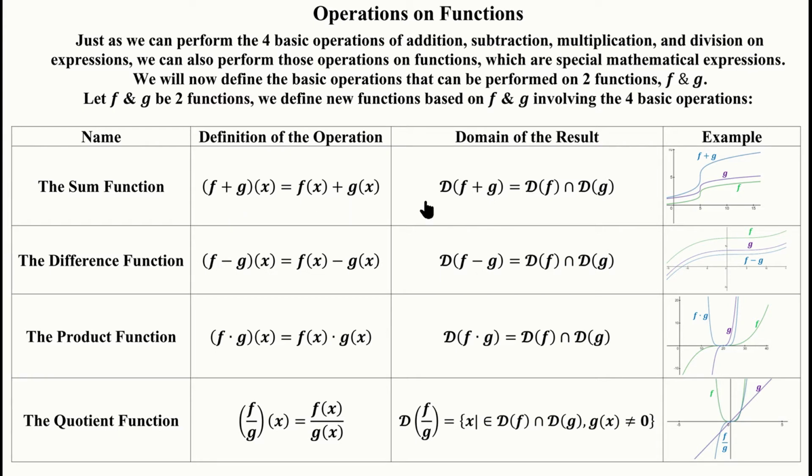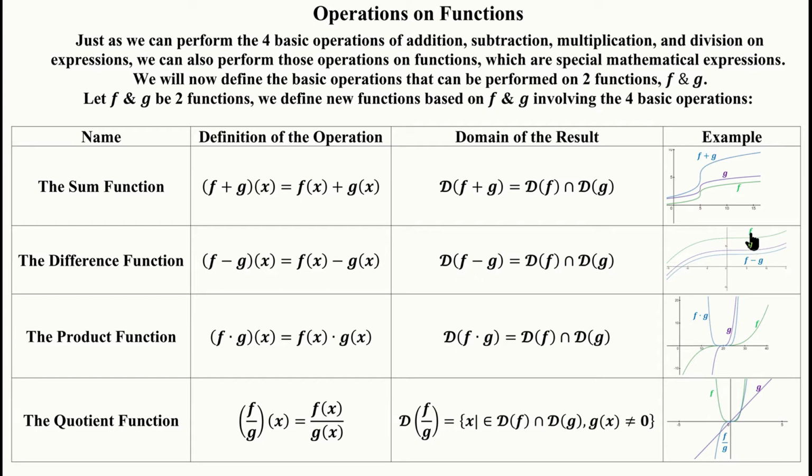As far as the domain of the sum function or any of these other functions is concerned, we basically need to just take the intersection of the 2 domains. So basically, the output of f added to the output of g at any given point will give you the output of f plus g at that point. And you can see that here visually. When it comes to addition and subtraction, you can kind of visualize it pretty easily.